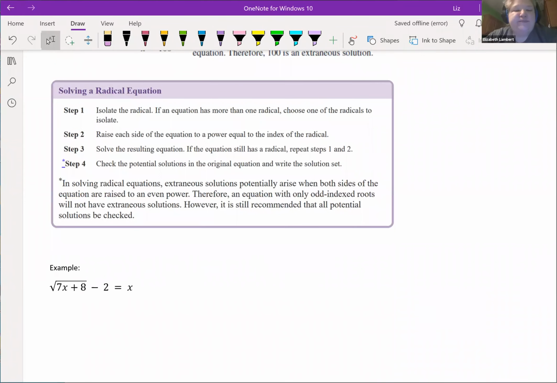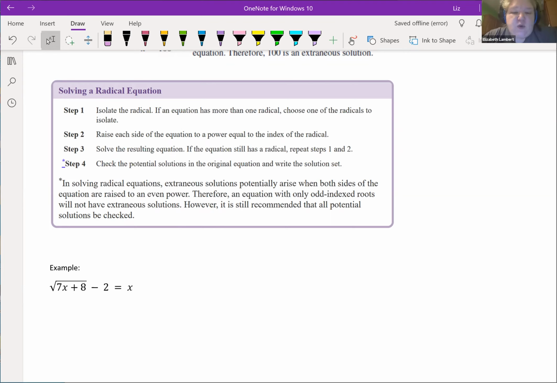So overall, the steps for solving a radical equation are the same. It doesn't matter what the kind of radical is, how many there are. You get one of the radicals all alone, meaning there are no terms outside the radical on that side of the equation. Then you raise each side to whatever the correct exponent is. Almost all of these equations can be a square, unless it looks really perfect when you isolate, basically.